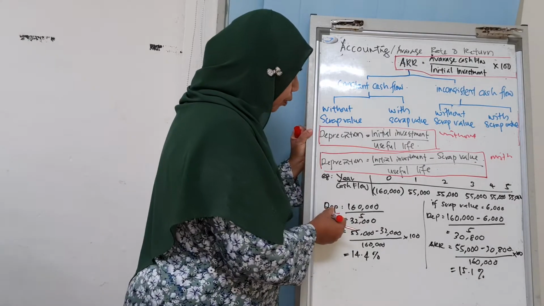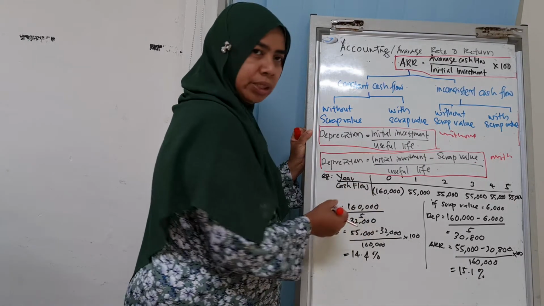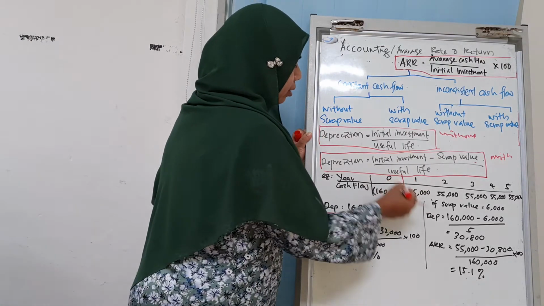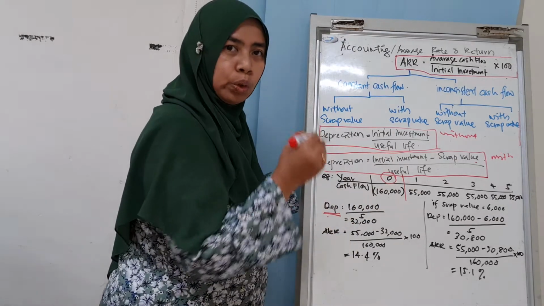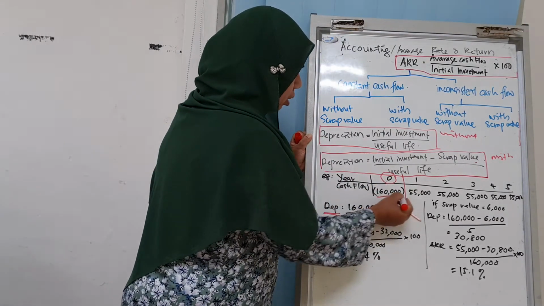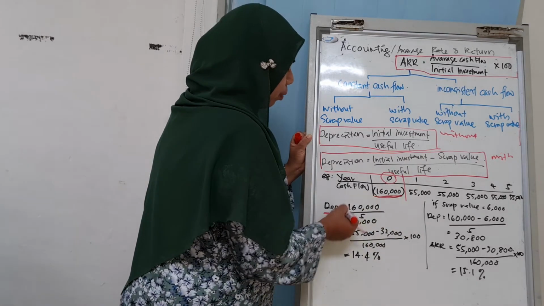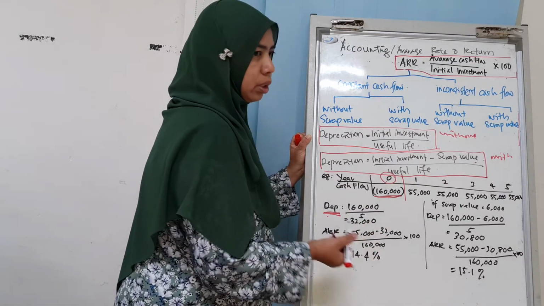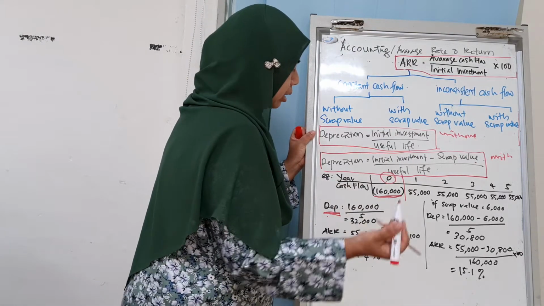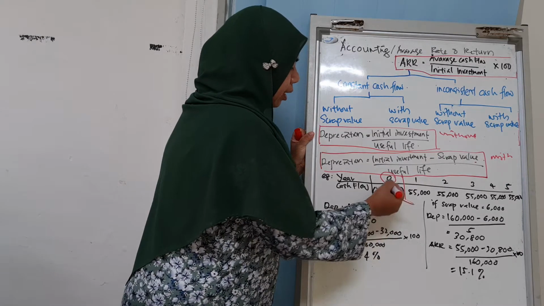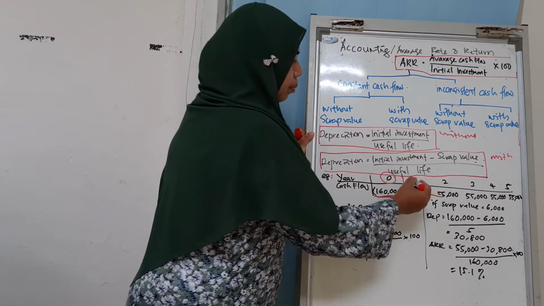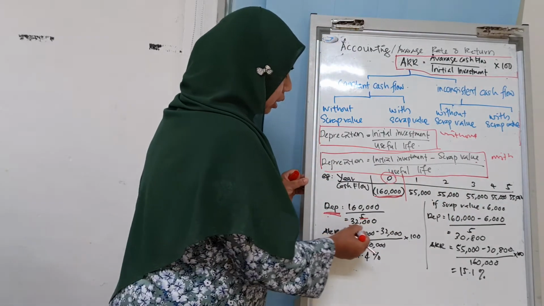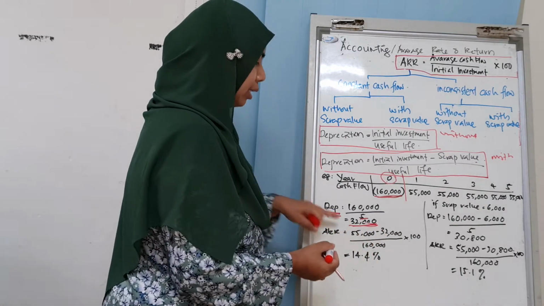The depreciation formula is initial investment, or in the book they state total investment, it's the same. So 160,000 divided by useful life. Because this project is 5 years, you just divide by 5. So the answer is 32,000. Understand that?